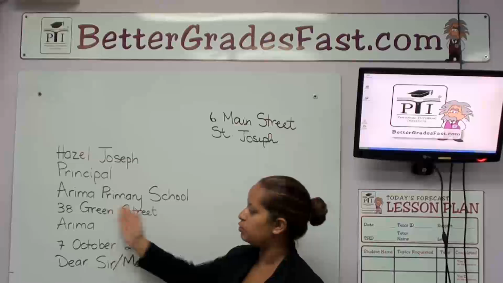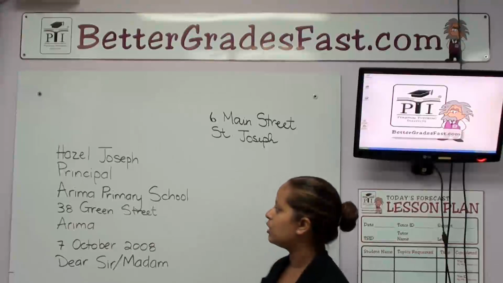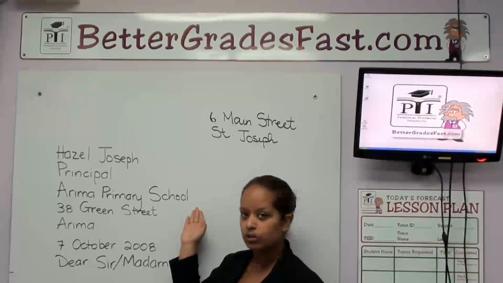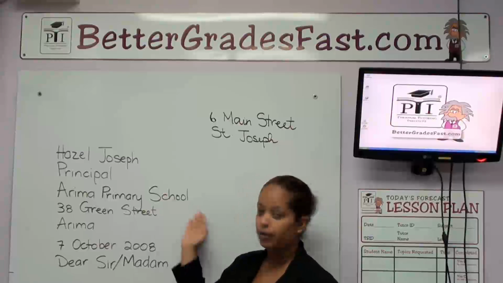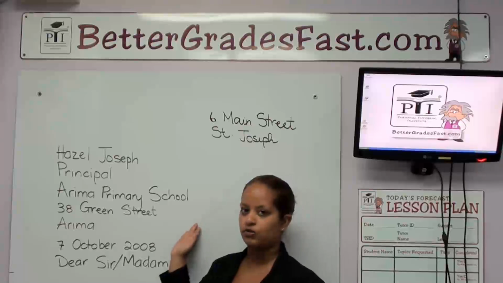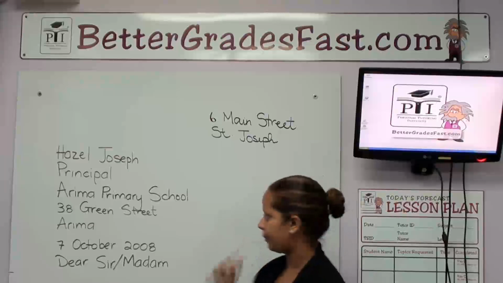Note that each part of your address is on a different line. You then go on to the name of your school, Arima Primary School. You need to put the entire name of your school. Do not use any abbreviations.